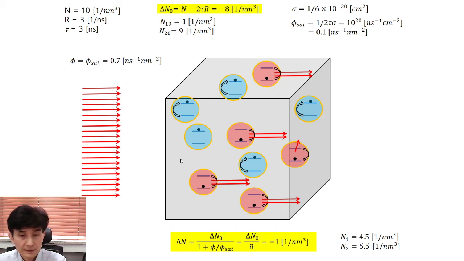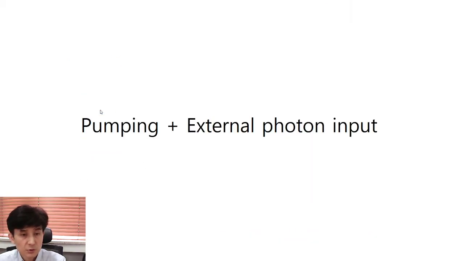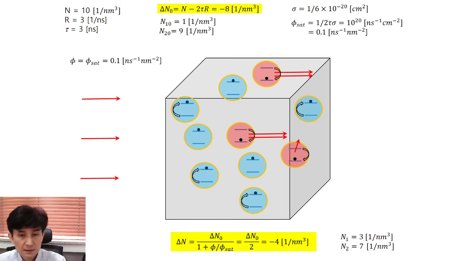So these three situations represent the case where the external photon flux decreases the population inversion within the volume.